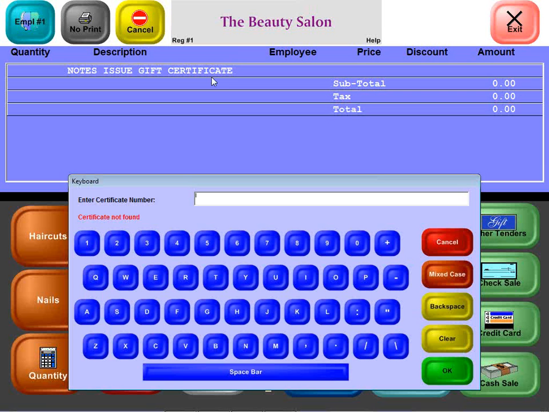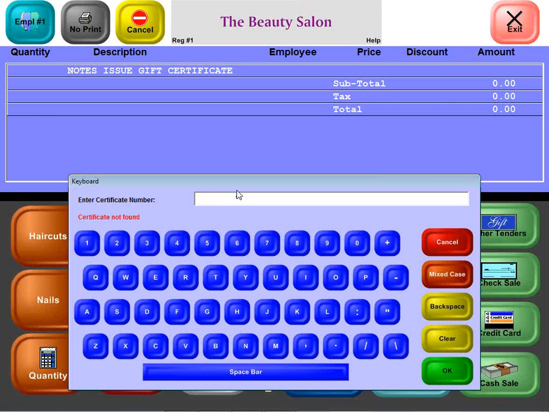And I thought I put that in correctly, but maybe I didn't. So let's try MBS-0000. Okay, well, we're having a little glitch here.